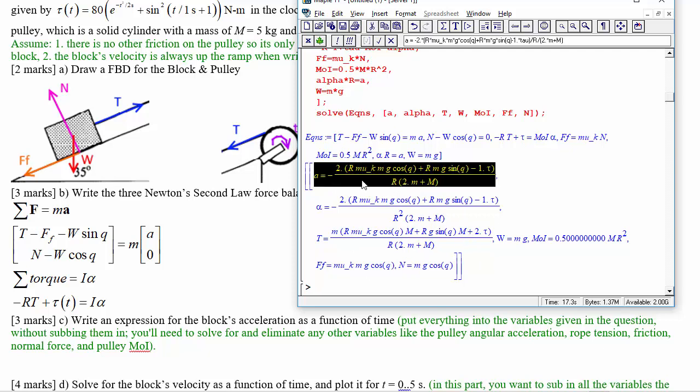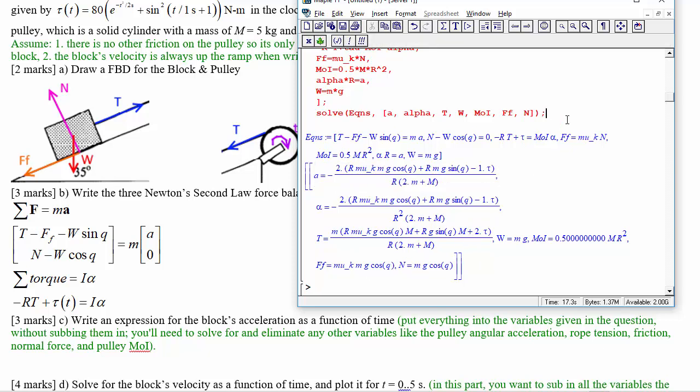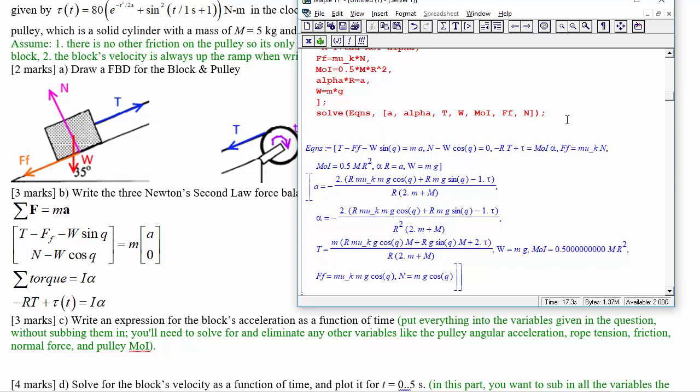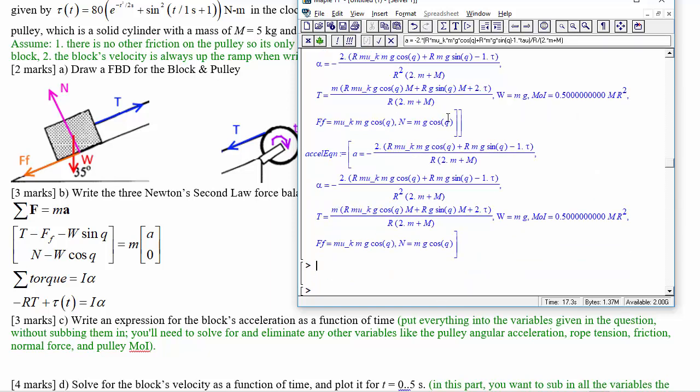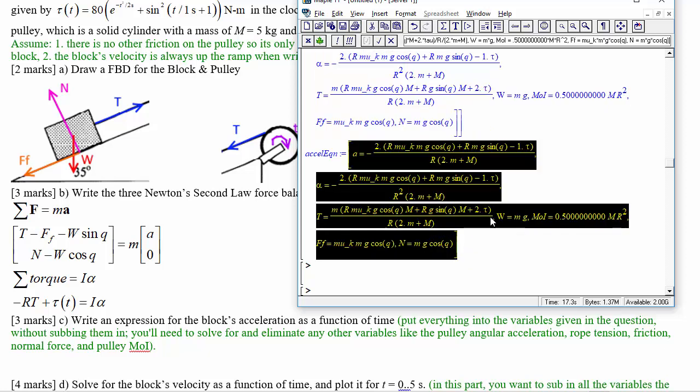If we want to just extract out what the acceleration is, then we can specify that as acceleration equation is equal to, opening, because this is a list of lists, we need to open it. So you see now it's not a list of lists. See, there's only one square bracket at the end there.